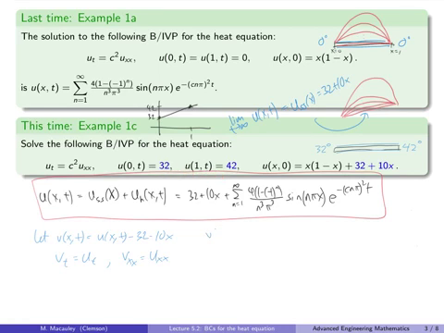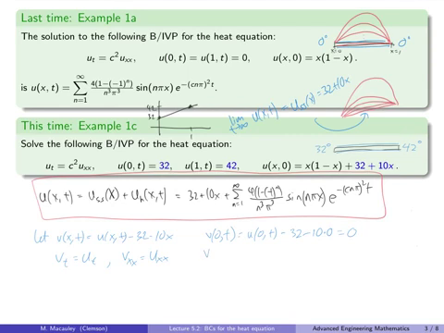So v of 0 and t equals u of 0 and t minus the steady state solution, which is 32 plus 10 times 0, which is 32, so 32 minus 32 is 0.